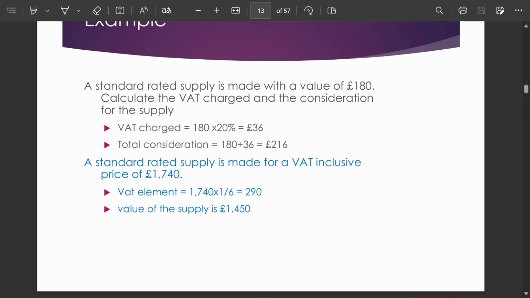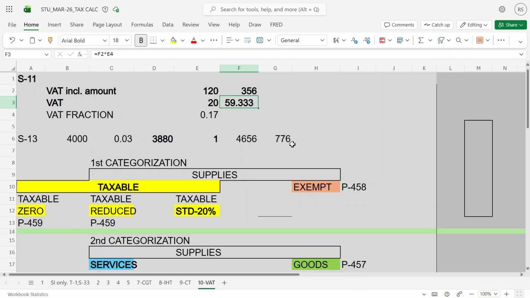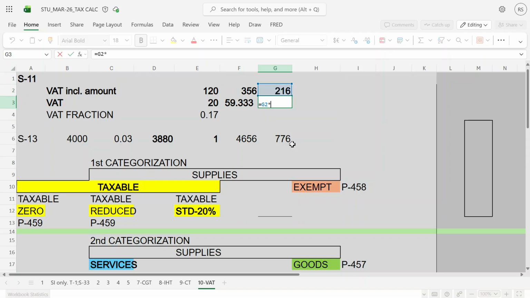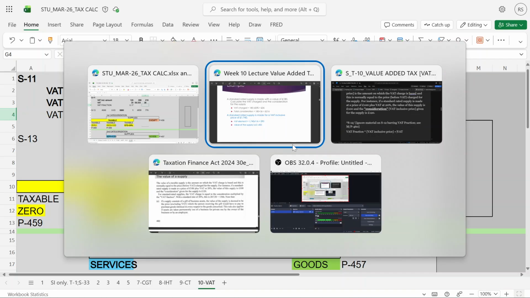On 180 you have a standard rated supply at 20% VAT. The VAT is 36, and the total consideration is 180 plus 36, which is 216. Once again, if you take 216 and apply the VAT fraction, you should get 36, which is the VAT amount.